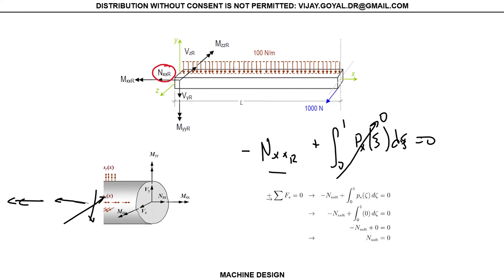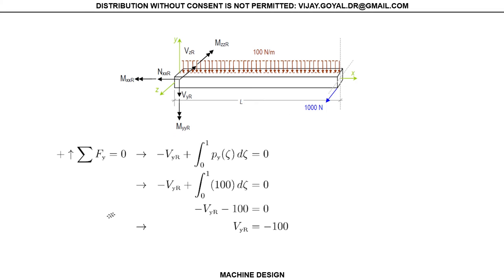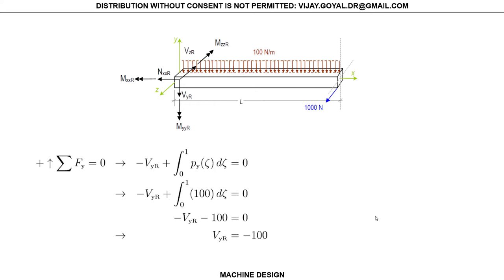Okay, so the next thing I want to do is find my loads in my y direction, that would be the transverse direction. To do that, you can see what I did here. This is one way to do it.